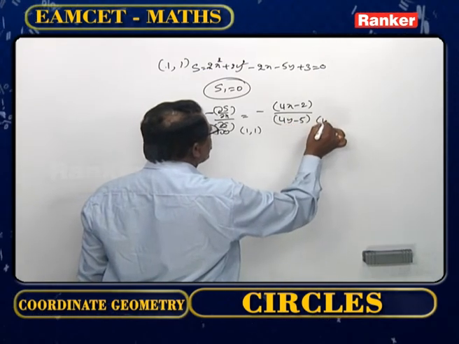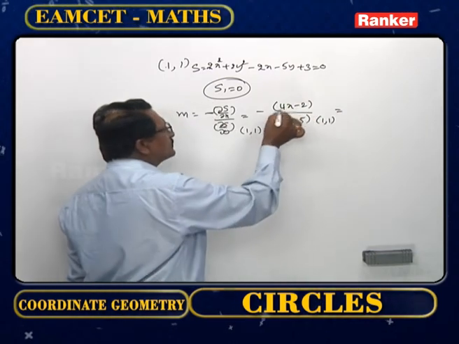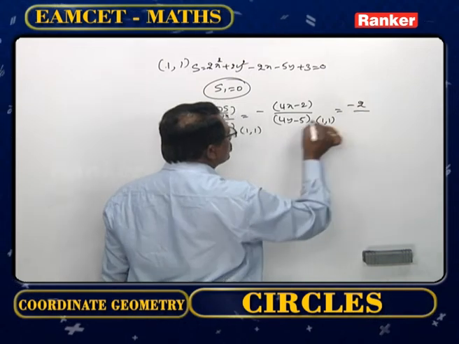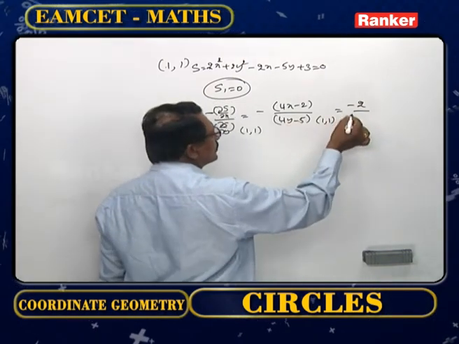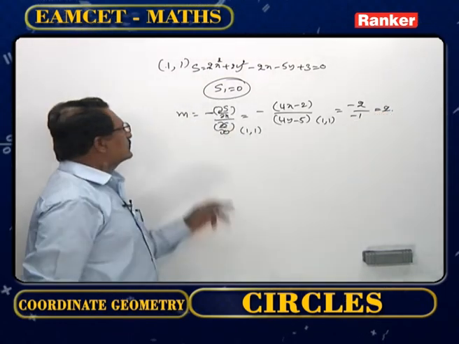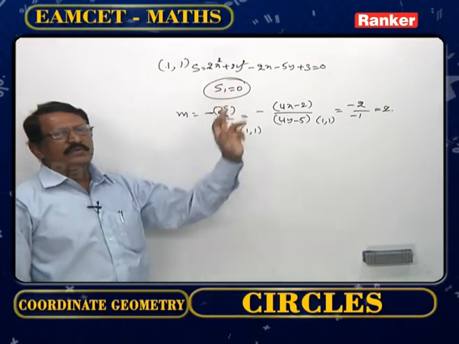Substituting (1, 1), we get minus (4 minus 2) by (4 minus 5), that is minus 2 by minus 1, which equals 2. So the slope of the tangent m equals 2, and the tangent passes through (1, 1).